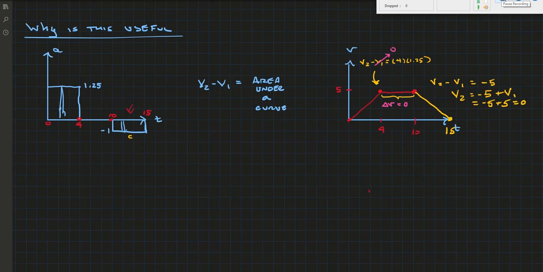We can take that curve and construct our displacement curve. So we begin at 0. For our S1, we know that S2 minus S1 equals the area under our velocity curve.